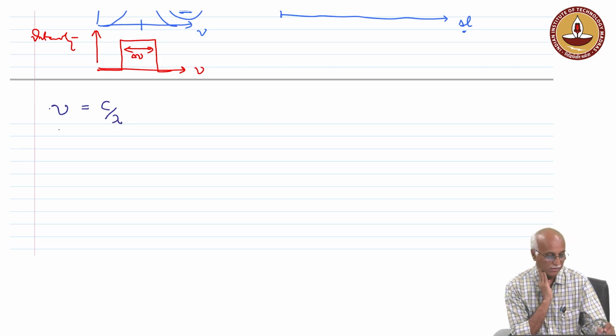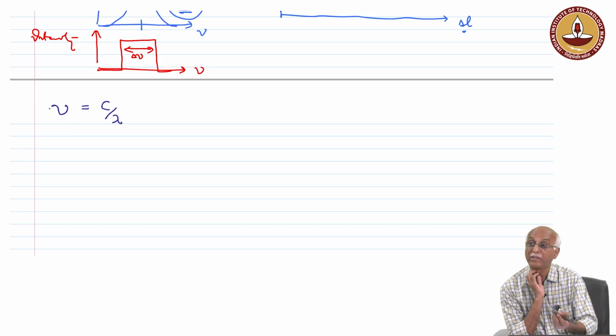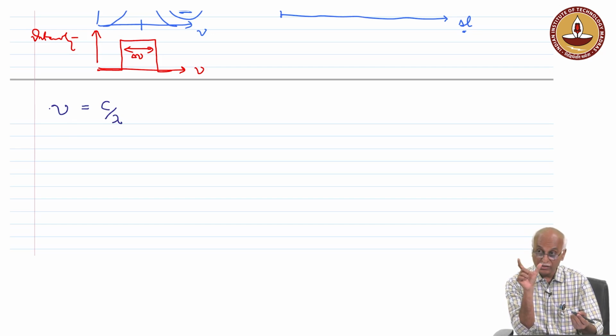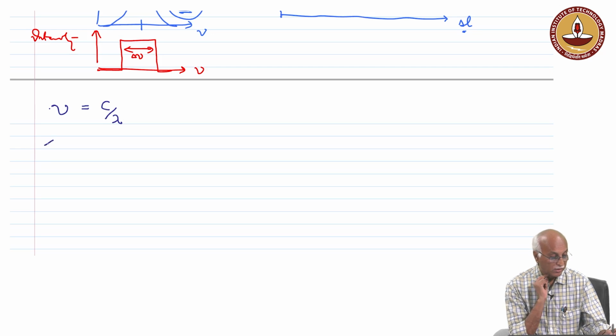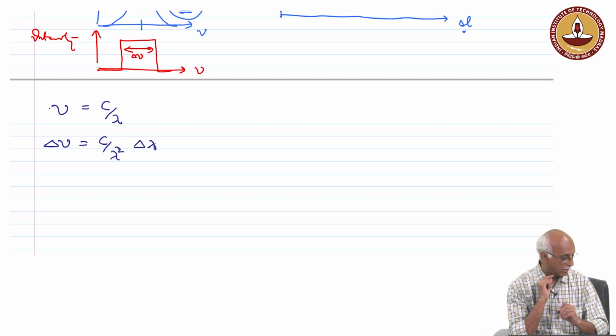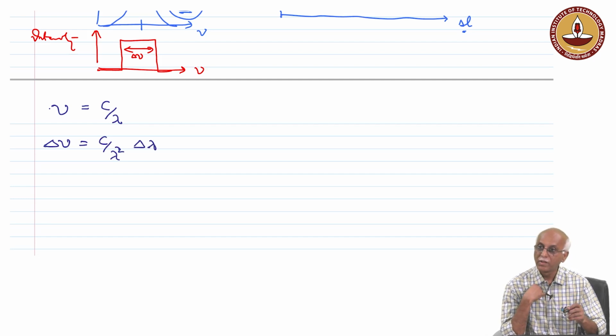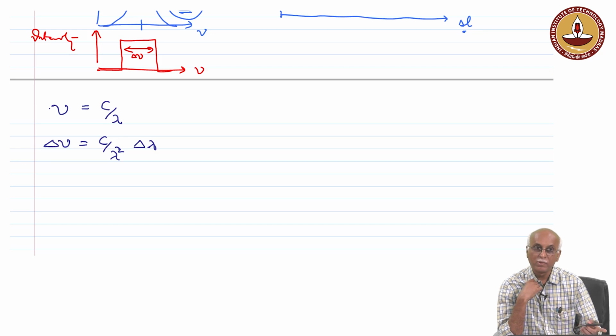So, the frequency width can be given by c by lambda square delta lambda.